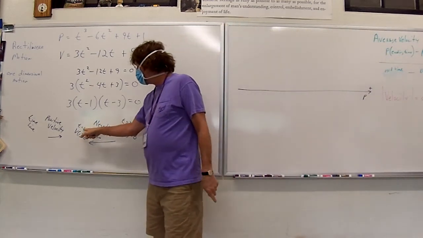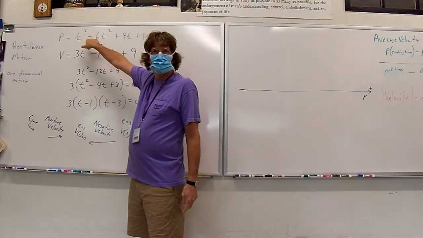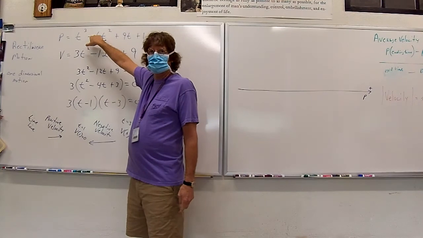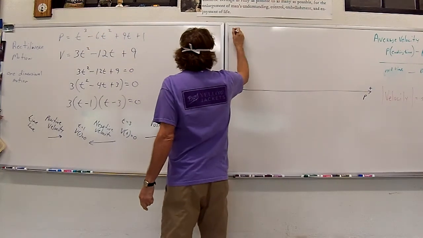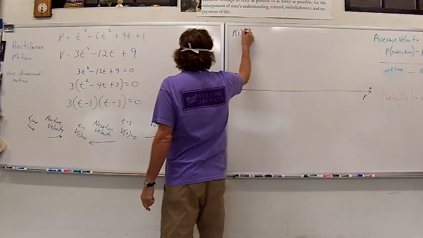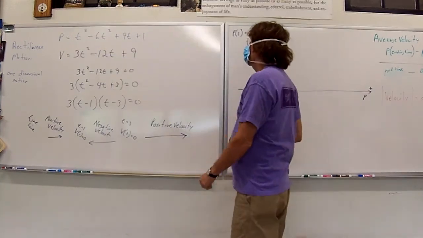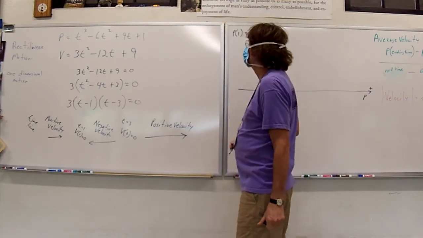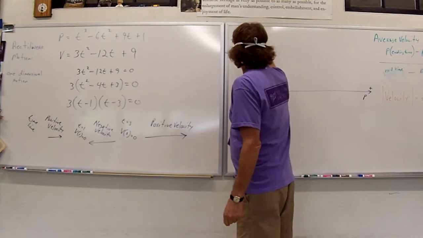You're going to take this 1 and put it in the position equation. You need to know where she was when the time equaled 1. So we're going to do the position at 1 equals, and you put 1 in there, and you get 5. Is that right? Someone tell me if I'm right. 5. Position is 5.